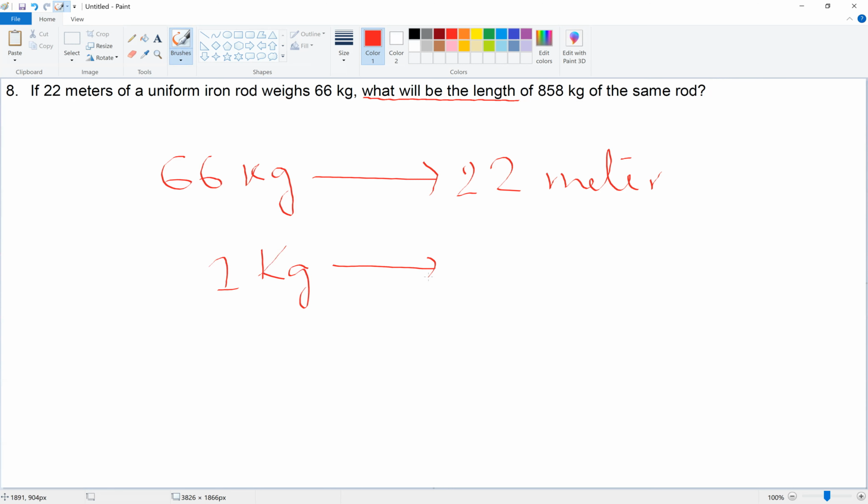What would be this number? 1 kg is... What do you do? I did 22 divided by 66. And then finally, 858.